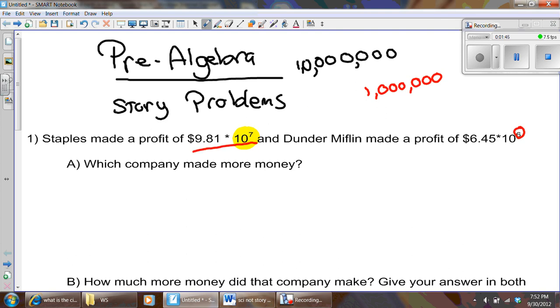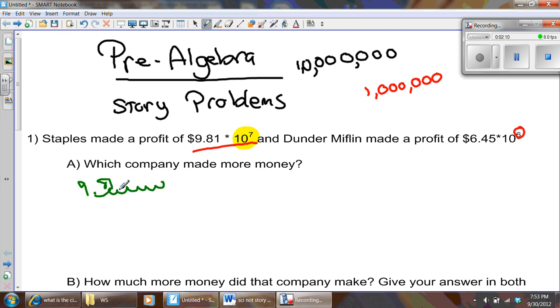But if it's not obvious, let's go ahead and convert them into standard notation. And so we're going to take this 9.81 number, and we have to multiply it by 10 million, which is going to move this decimal point 7 places right. So 1, 2, 3, 4, 5, 6, 7.